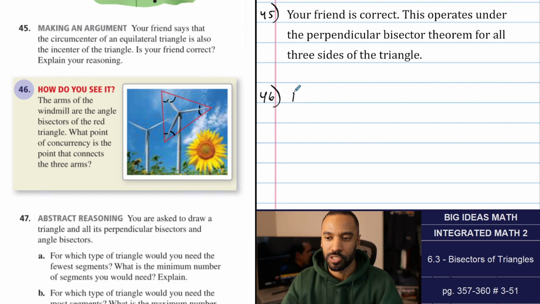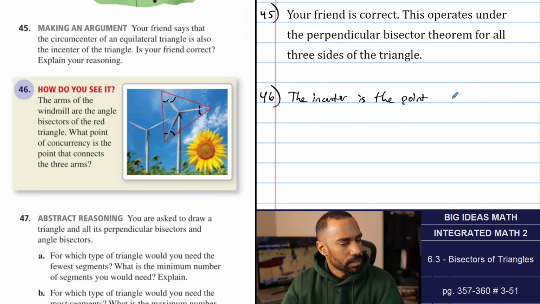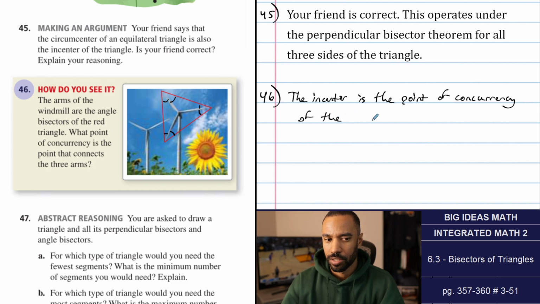So, okay, the incenter is the point of concurrency. It might be the circumcenter as well. I'd assume a windmill has equal arm lengths. The incenter is the point of concurrency of the wind that connects the three arms.